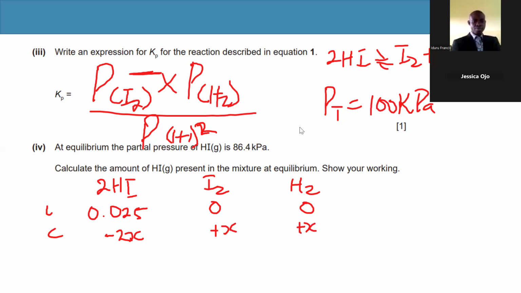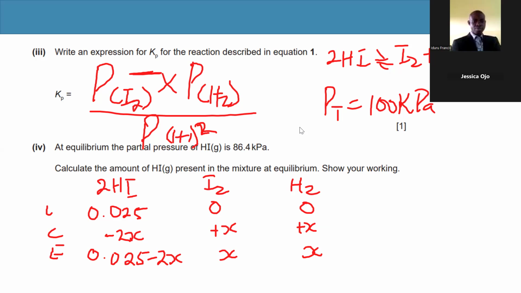So at equilibrium you have 0.025 minus 2x, then x, then x. So I think you can now find the mole fraction. You can find the total mole.